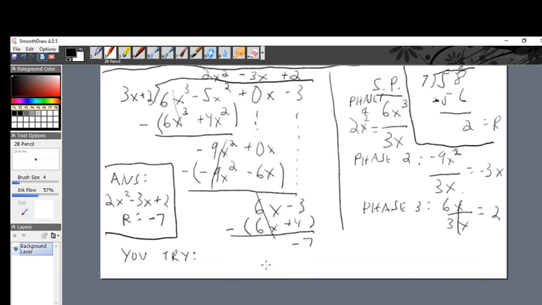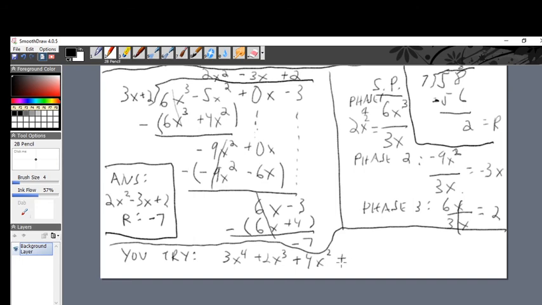You try at home as follows: 3x to the 4th plus 2x cubed plus 4x squared plus x minus 5, divided by x squared plus 2.